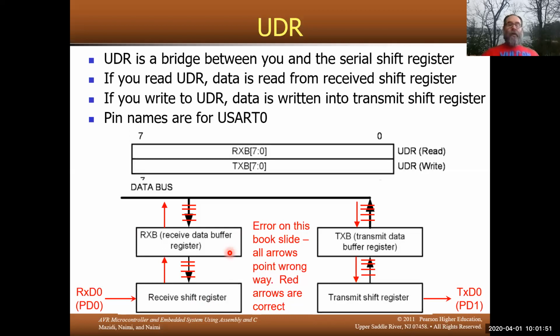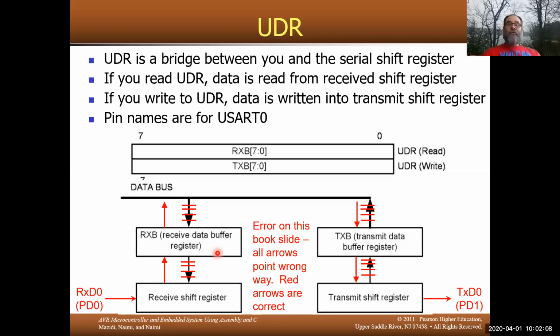There is a flag that's set every time there is a new valid character in this receive data buffer register. So periodically, you've either got to check that flag, or you can set it such that an interrupt is generated, and in the interrupt service routine, you read this register.